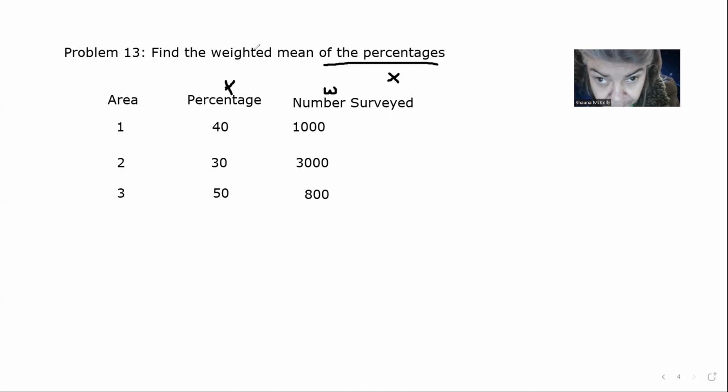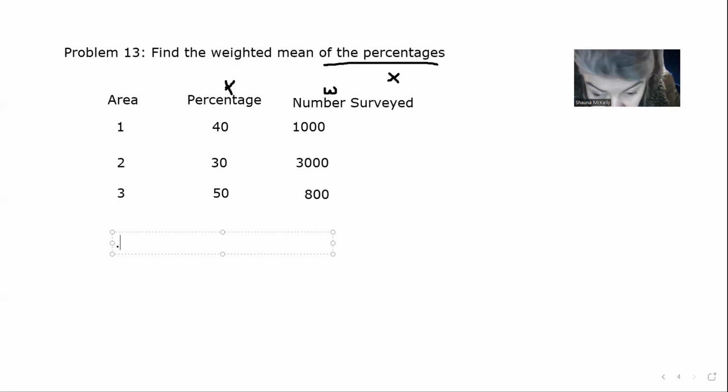And again, we're going to do the weighted mean down here. This is going to give me 40. Now, chances are we convert this percentage, as I said, to a decimal.